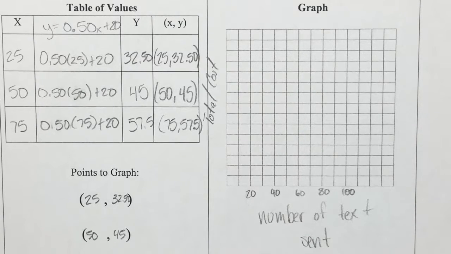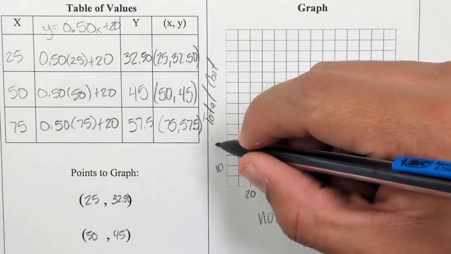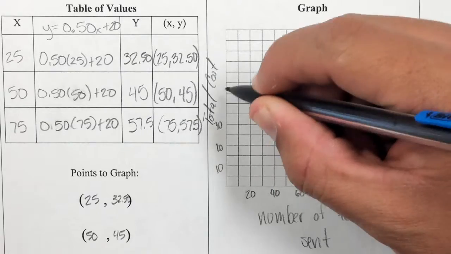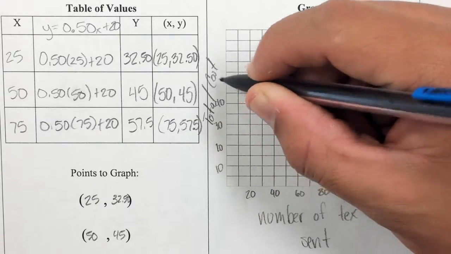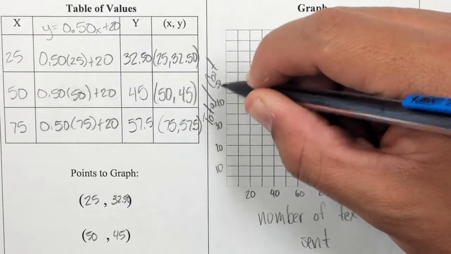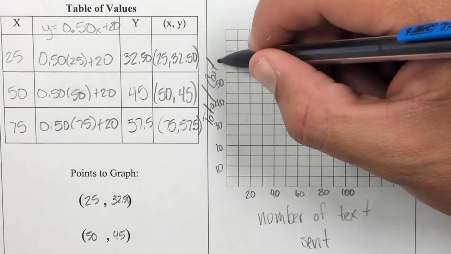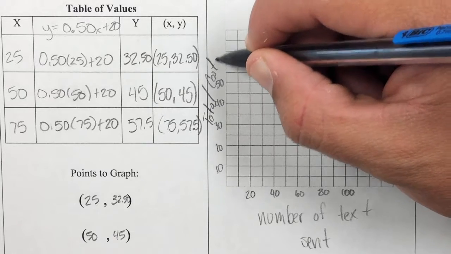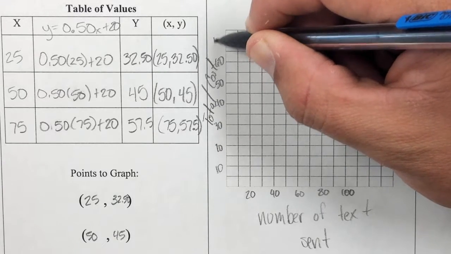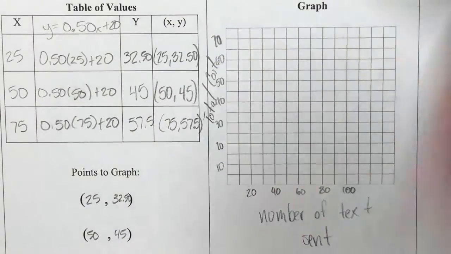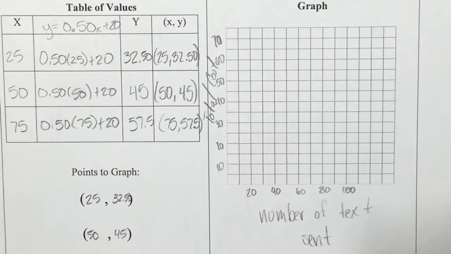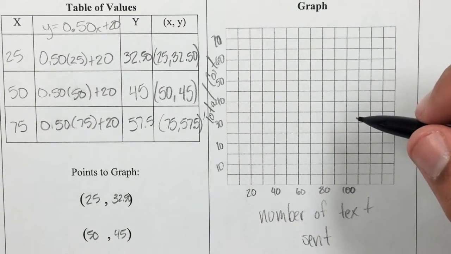And then I'll go up by 10s on my total cost side. Really, I'm going up by 5s because I'm leaving a gap in between, since I've got some fractional cost here, up through 60 and 70. Again, it's going to be a judgment call on how you do this. Two people may do the same problem and have different scales. It's up to you.